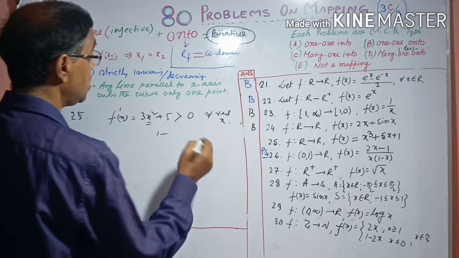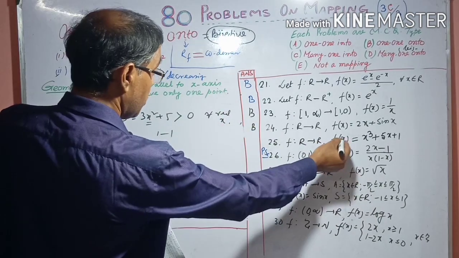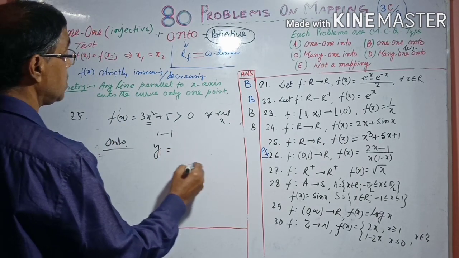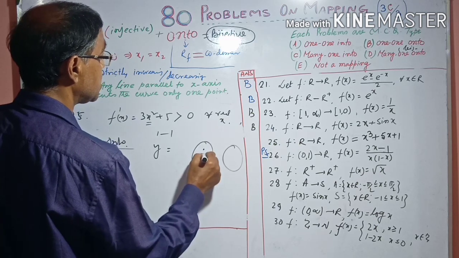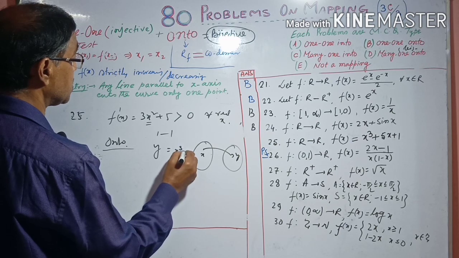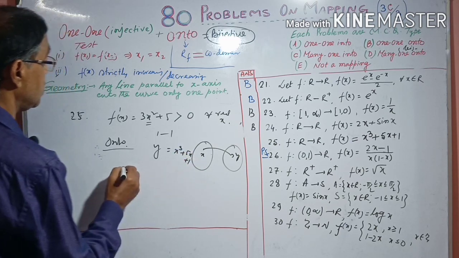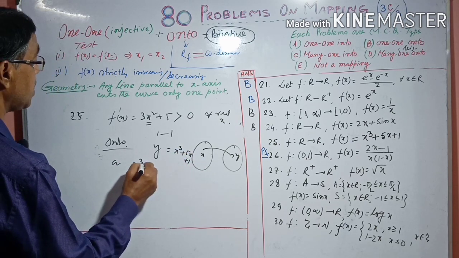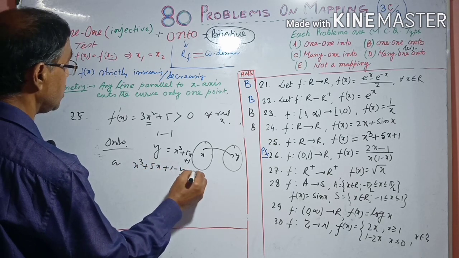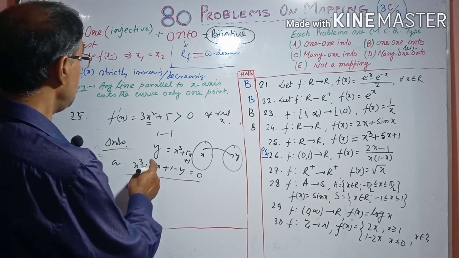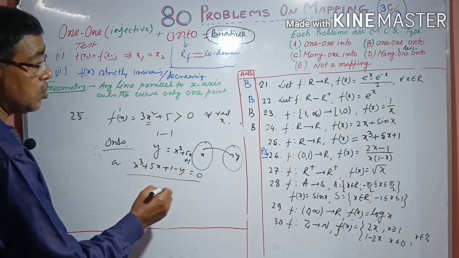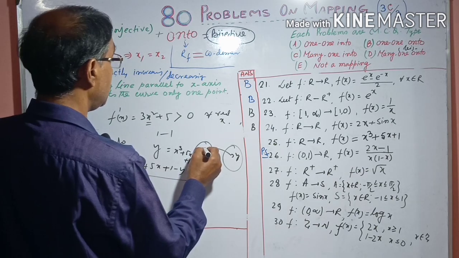Similarly it is one-one, and also for the onto case, let y equal to f(x) for each x, y equals x cube plus 5x plus 1, that is x cube plus 5x plus 1 minus y equals 0. It is a cubic equation, so it must have at least one real root.